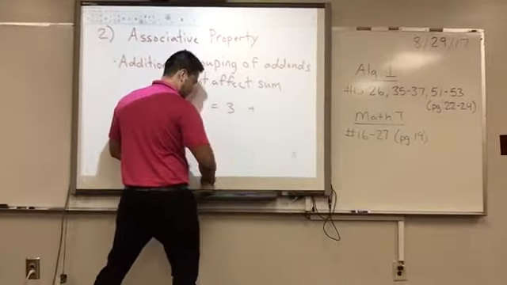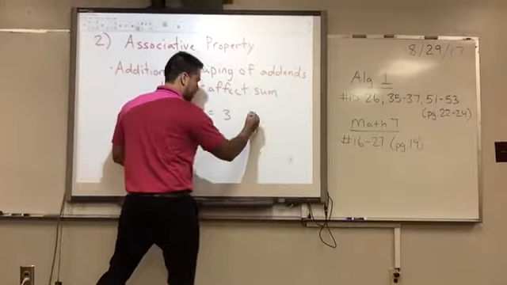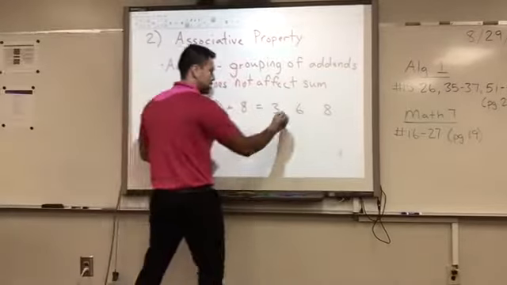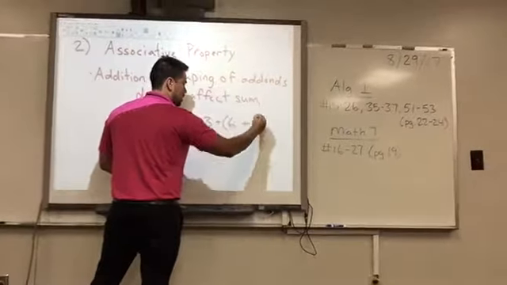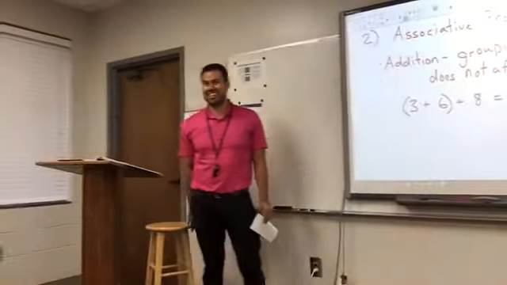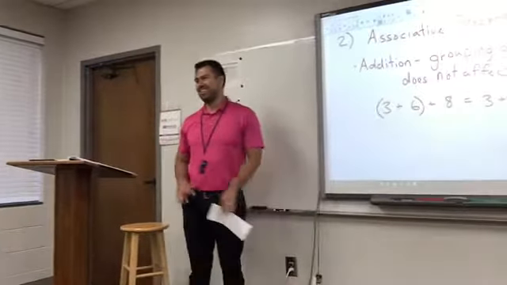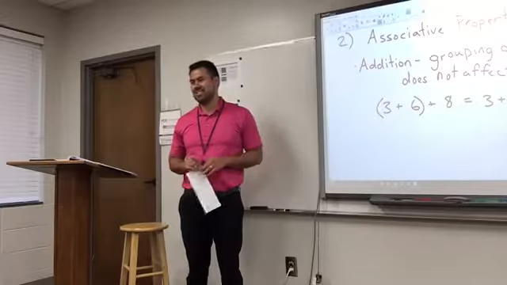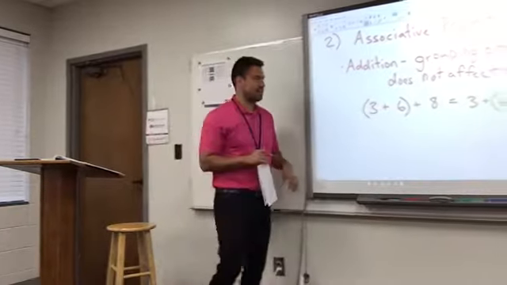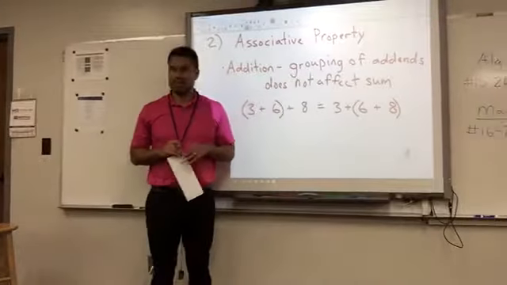Now watch what I do here, and tell me the difference between the right side and the left side here. All right. What's the difference? The parentheses on the 3 and 6 on the first one, and then it changes to the 6 and the 8.